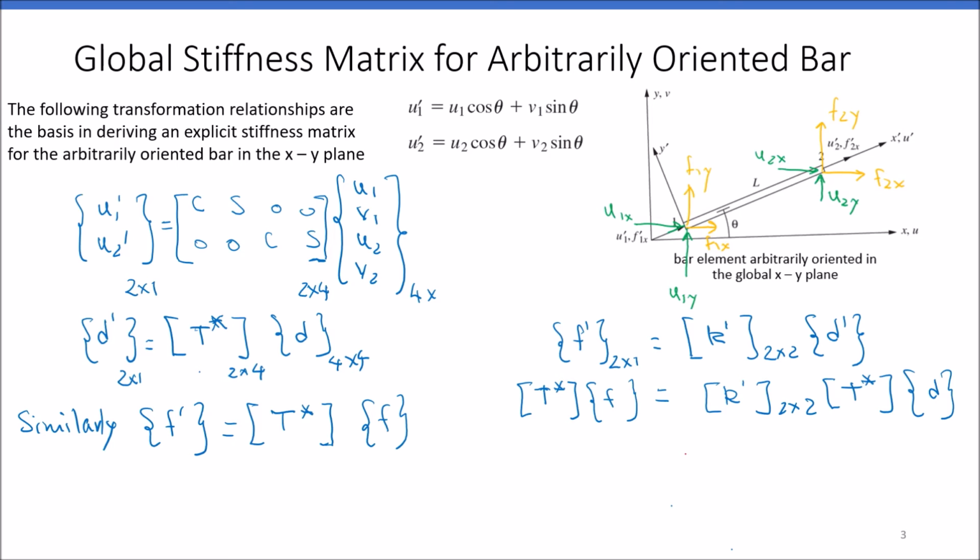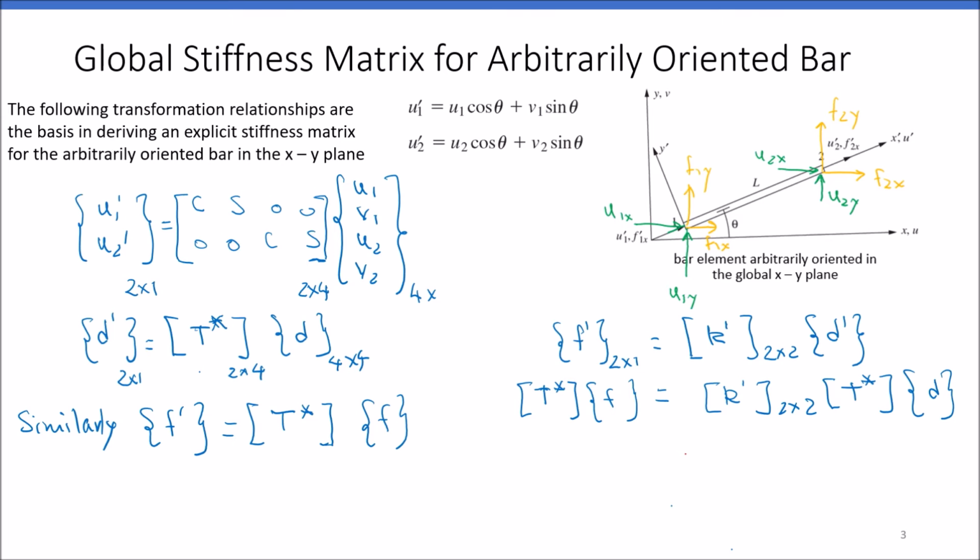Now, in order to solve for F as a function of D, we need to find the inverse of T star. In order to find the inverse, we want to make T star a square matrix, to find its transpose, given that this is an orthogonal matrix.